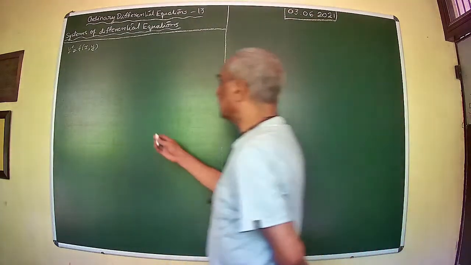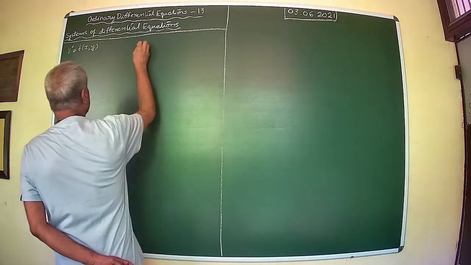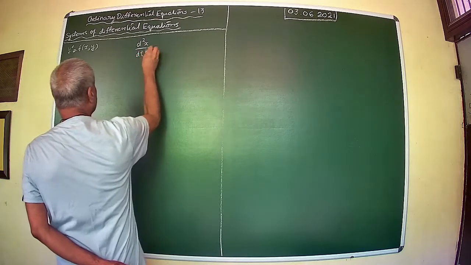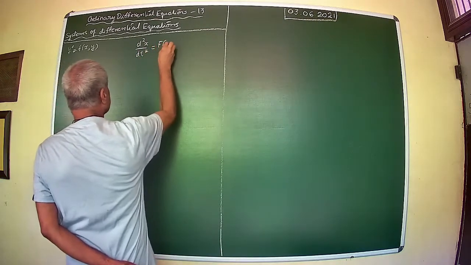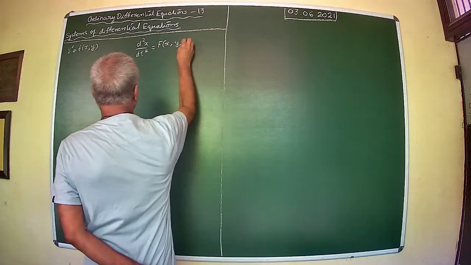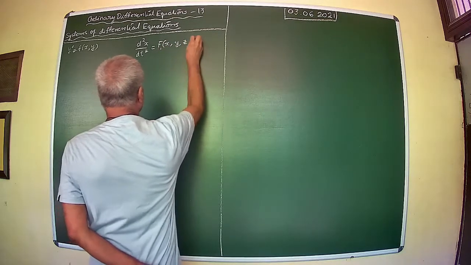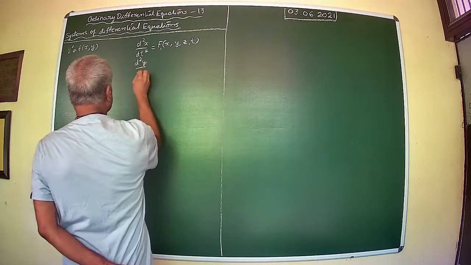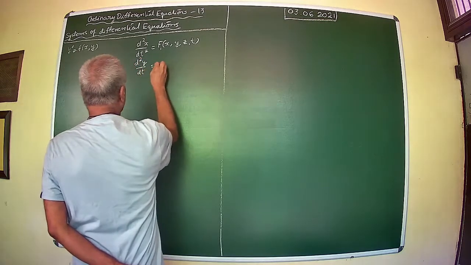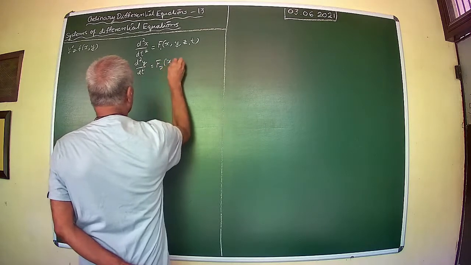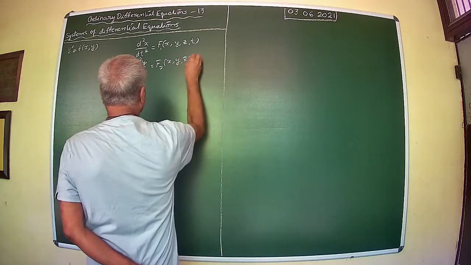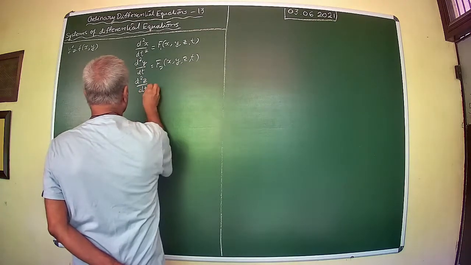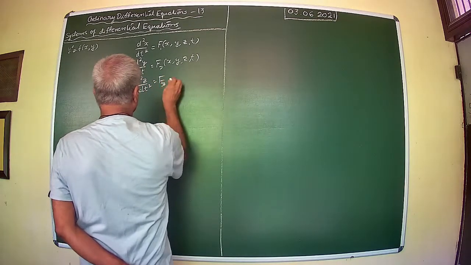So something like this: d2x by dt square equal to f1 of x, y, z, t; d2y by dt square equal to f2 of x, y, z, t; and then f3.